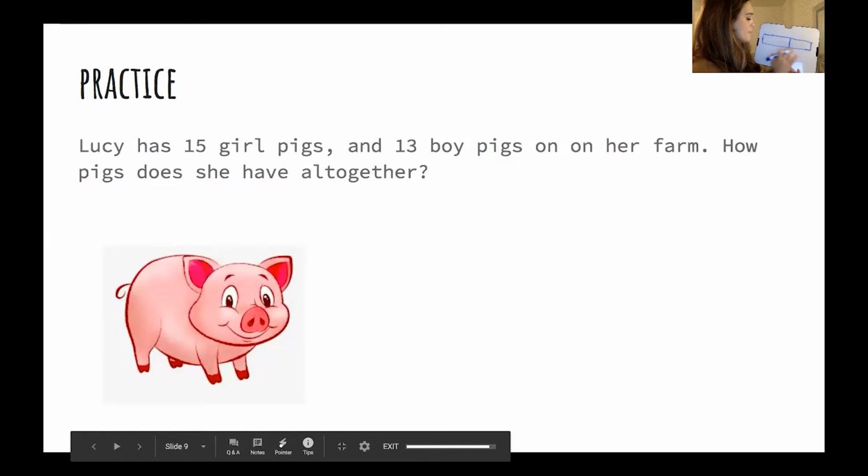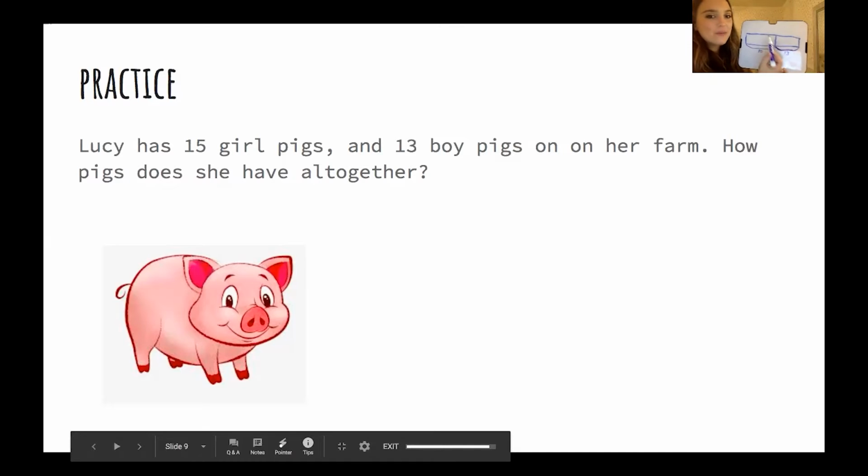Okay, perfect, and I'm going to put 15 on this side. And on this side, I'm going to use a different color, and I am going to put my 13. Awesome.